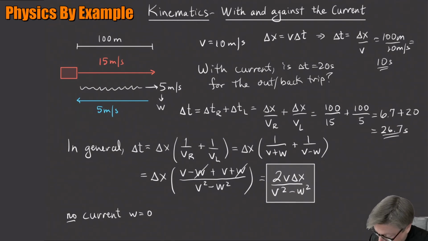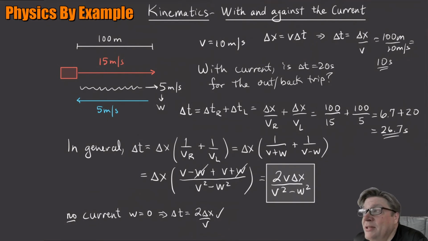Well, that's just going to be delta t equals 2 delta x over V. That checks out. That's what we expect. That was our naive answer of 20, right? 2 times the distance, because it's out and back, divided by our speed. That checks out in that limit.